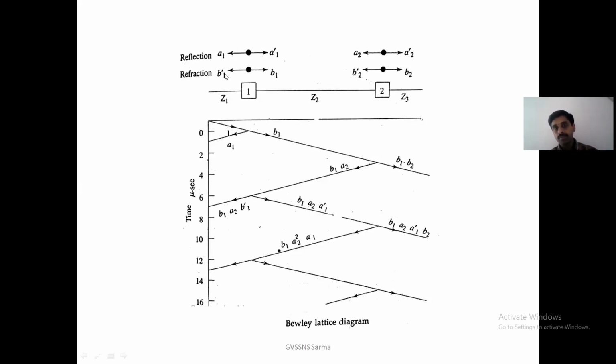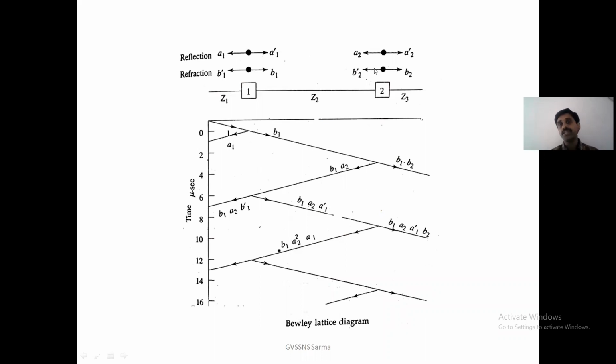Same way, refraction: when the wave is traveling from left to right, B1 is the refraction, and when it is traveling from right to left, B1 dash is the refraction. So here reflection means opposite to the direction of the wave. When you are traveling from left to right, you have to multiply with A1 for reflection and with B1 for refraction.